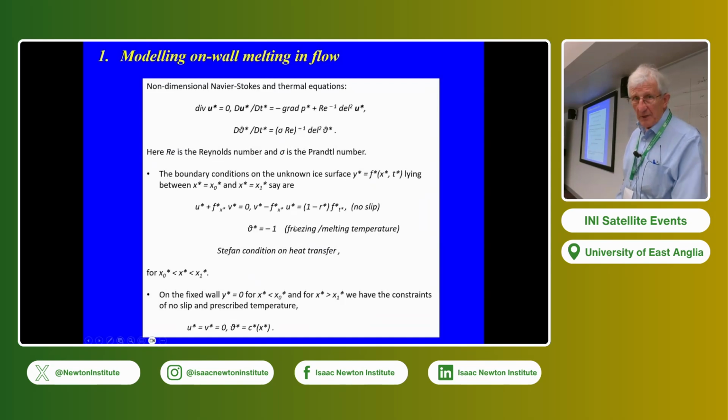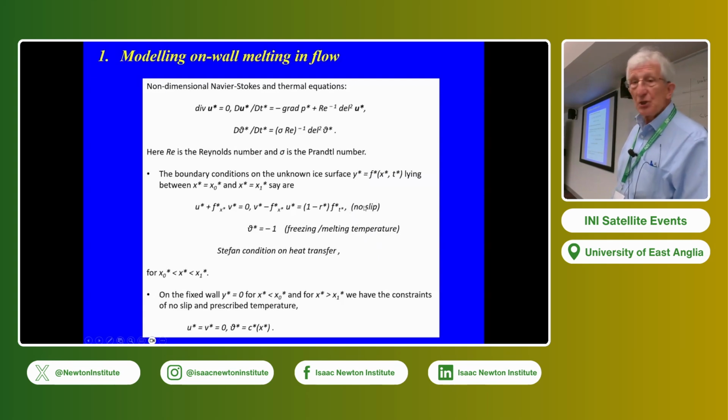So start with the Navier-Stokes and thermal equations as shown here, involving a Reynolds number, in non-dimensional form, and sigma is the Prandtl number. The Reynolds number is typically large. The boundary conditions on the ice surface, unknown surface y equals f star, are shown here.